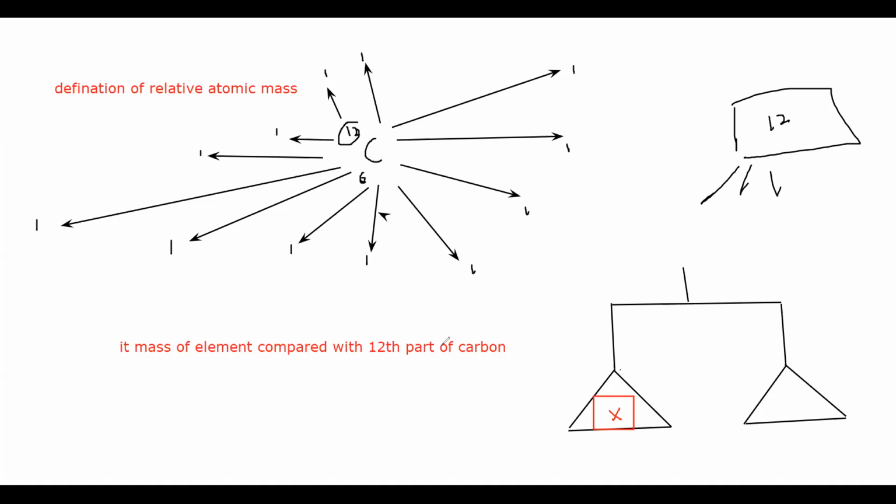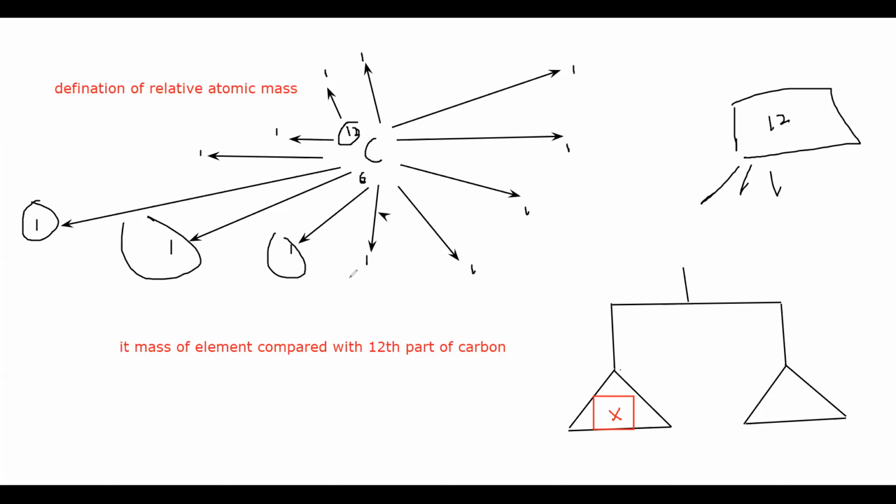This is a theoretical definition, only a theory: if I want to find the mass of any substance, I first divide carbon into 12 equal parts, and the mass of each part is 1.